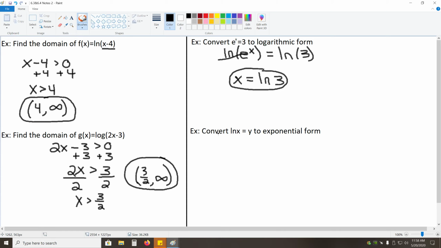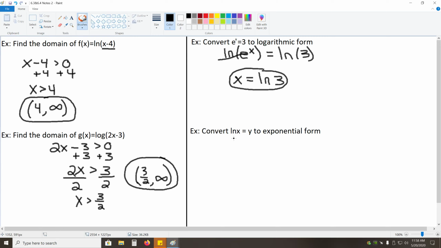Okay, so from here, again, take a moment, pause the video, convert the natural log of x equals y to exponential form. Alright, so again, there are 2 ways that we could go about solving this.